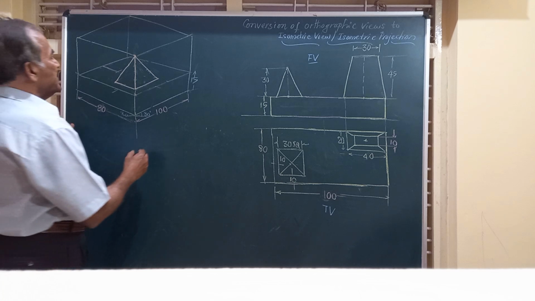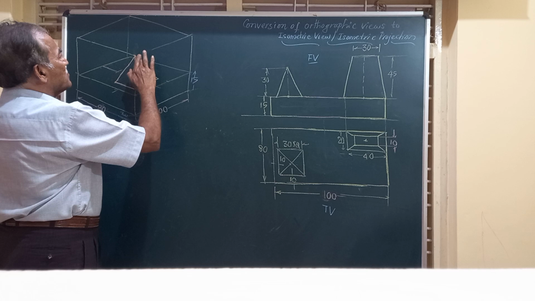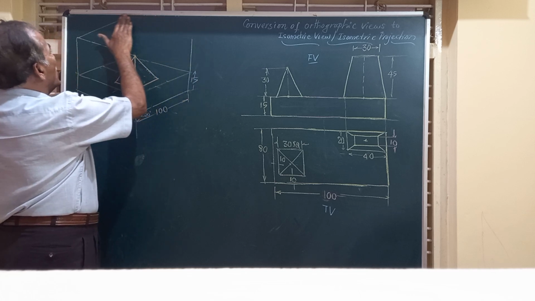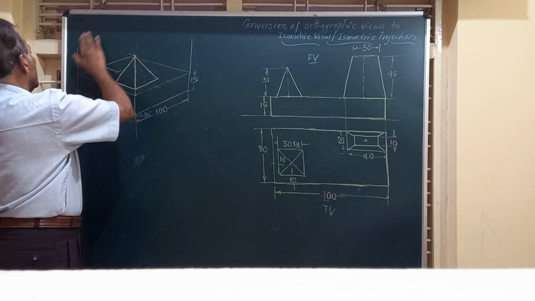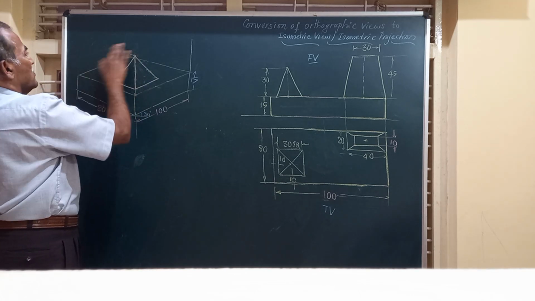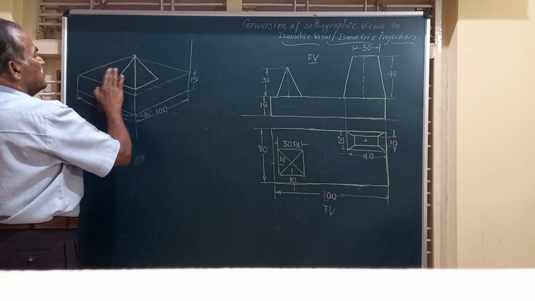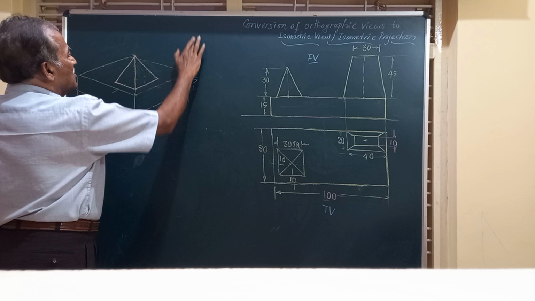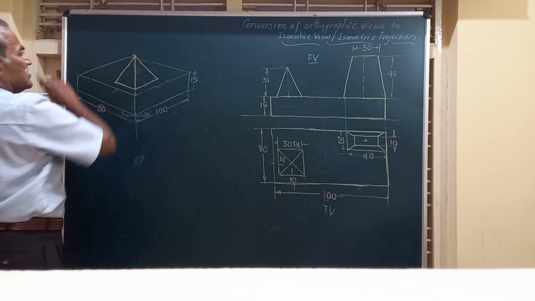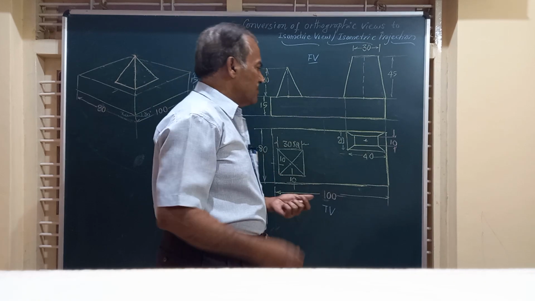Now before that friends, if you have more lines, you get confused, and hence I will remove all these unwanted lines. So we'll have the platform like this, and I am going to remove all this and show you separately how to get what is called the frustum of a rectangular pyramid.